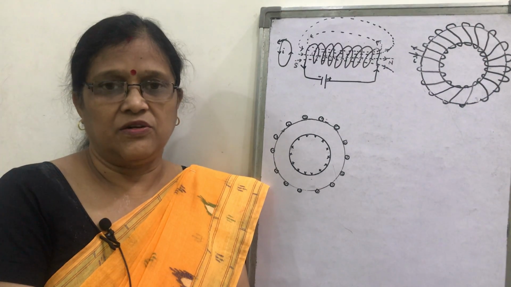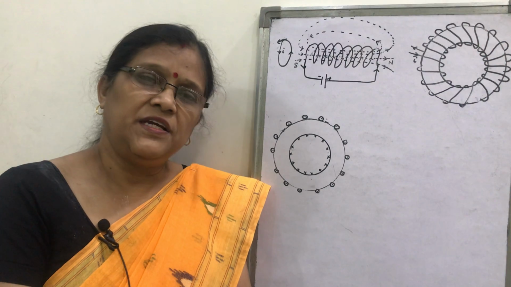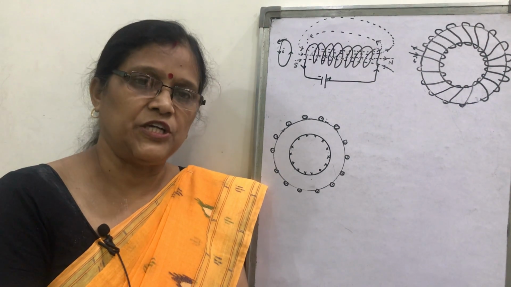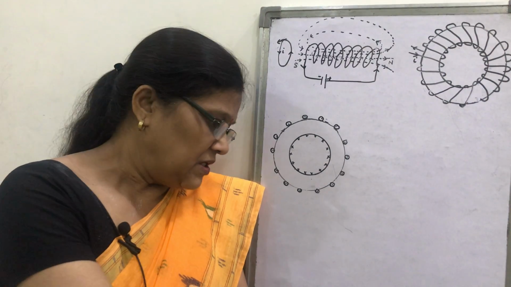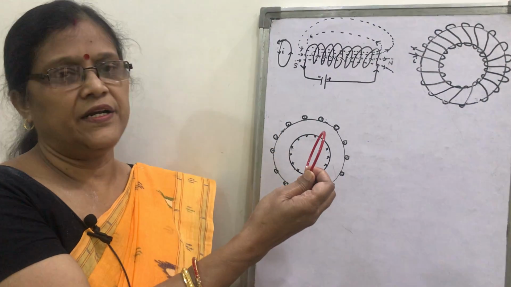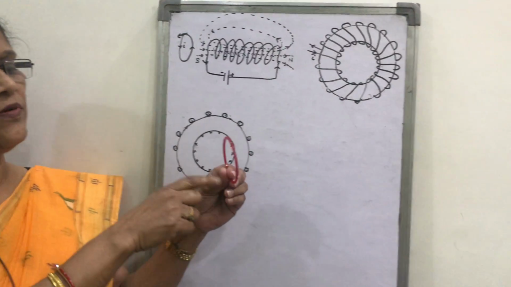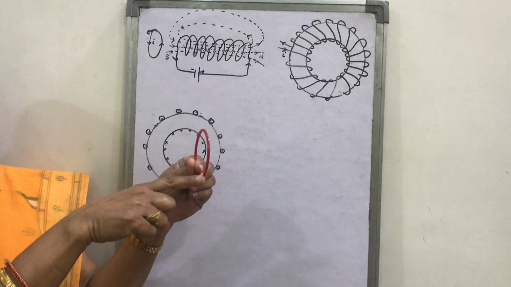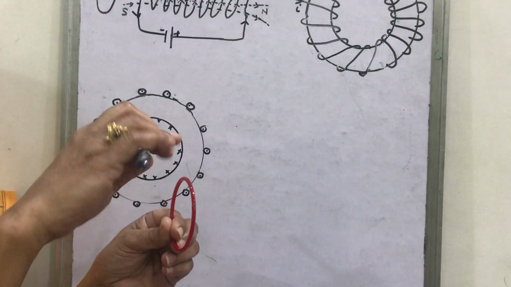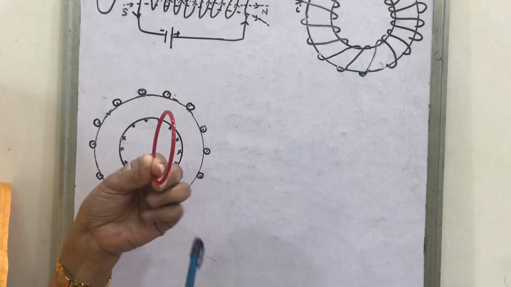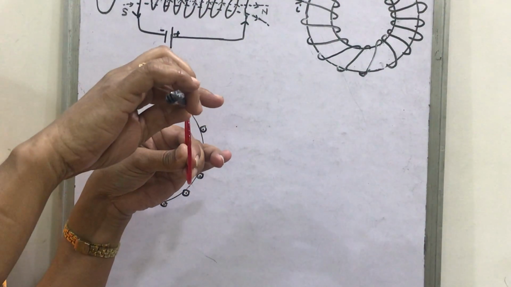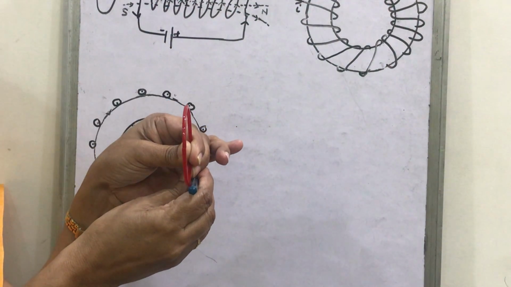What is a toroidal solenoid? We have seen that if the wire is of circular shape, suppose this is the wire having current, and the current is flowing in this way, then we can say that the current at the topmost point is outward, and at the bottom point it is inward.